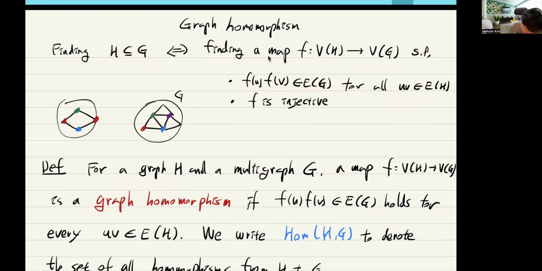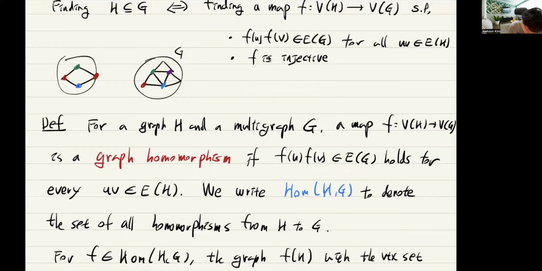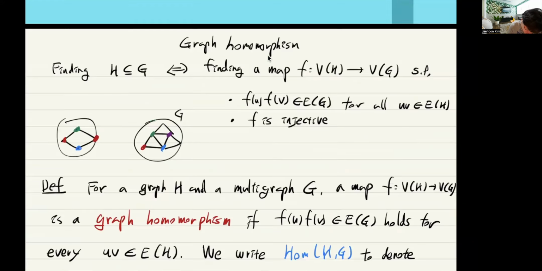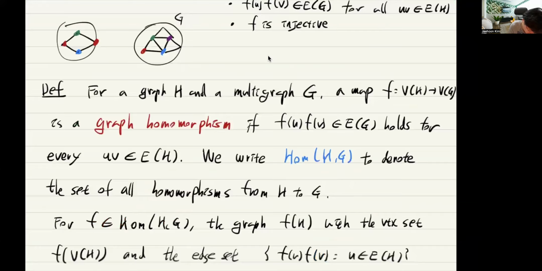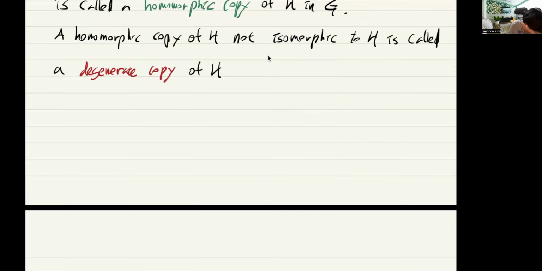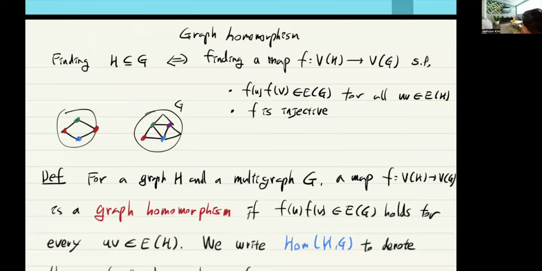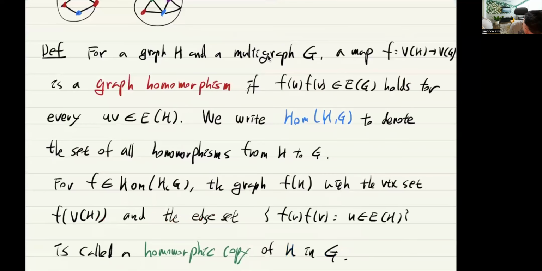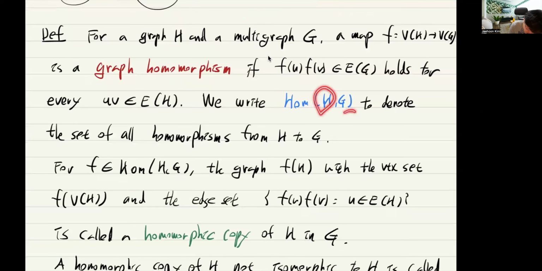Then we can find the homomorphic copy of H in G. So in other words, it's a tool to study whether graph G contains a certain copy as a subgraph or as a homomorphic copy or not. But there are more ways that this homomorphic copy is useful. And sometimes it's used to study the graph H instead of G.